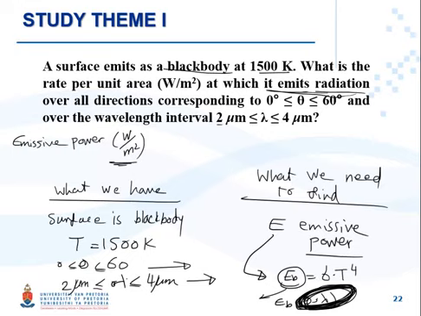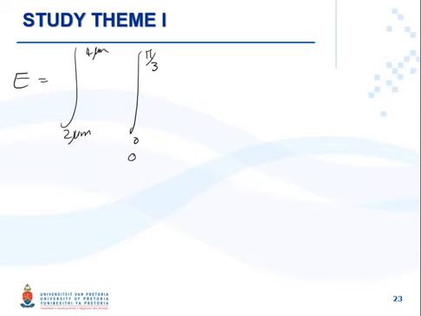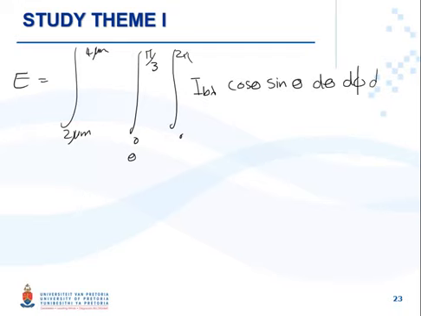Okay, basically what we need to do is the integration. So emissive power basically is equal to, for the wavelength of 2 to 4, for theta between 0 to pi/3, for phi between 0 and 2 pi, we have I black body lambda, cosine theta, sine theta, d theta, d phi, d lambda. Okay, as we mentioned, the surface is a black body, so it's a diffuse emitter.